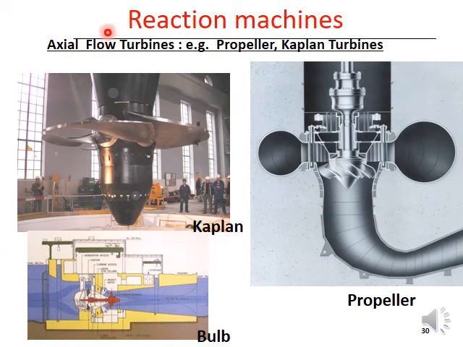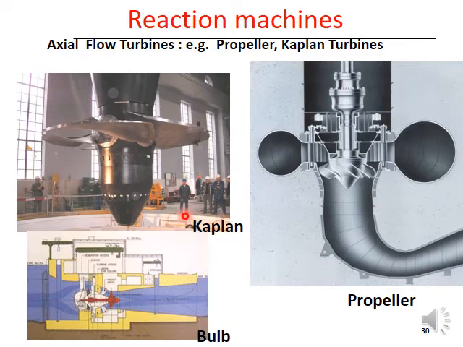Okay, this slide shows you the axial flow type reaction turbines. Now what you can see in this figure is an impeller of a Kaplan turbine. Axial flow turbines are sometimes called propeller turbines or Kaplan turbines. Now you can see the size of this one.